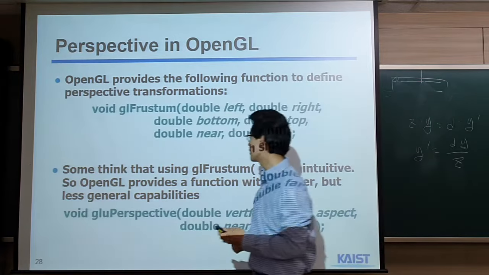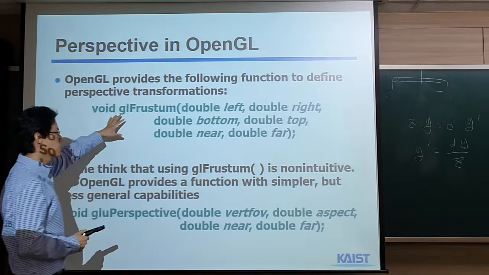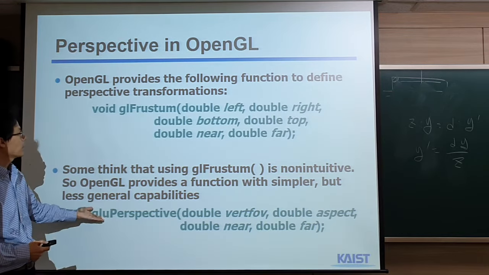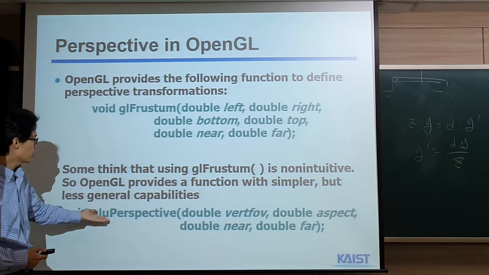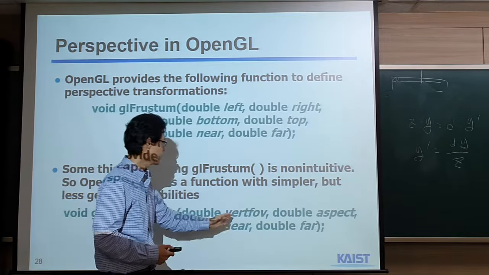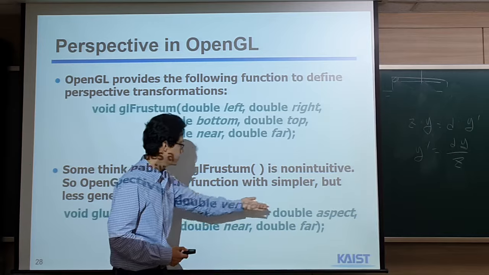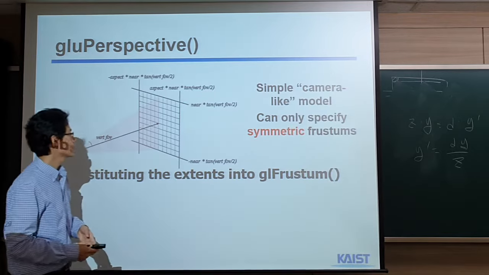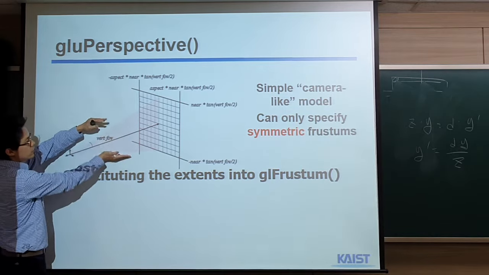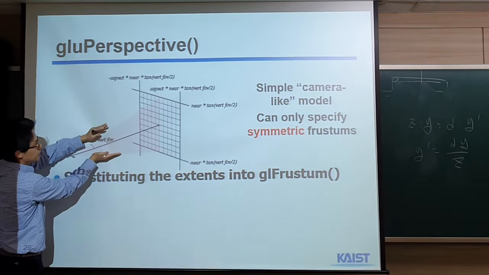And some think that this glFrustum is not intuitive. So there is another related function, gluPerspective. It defines some other parameters. It also defines near and far, but it uses different parameters. Visually, it defines the field of view along the vertical side, this vertical field of view.